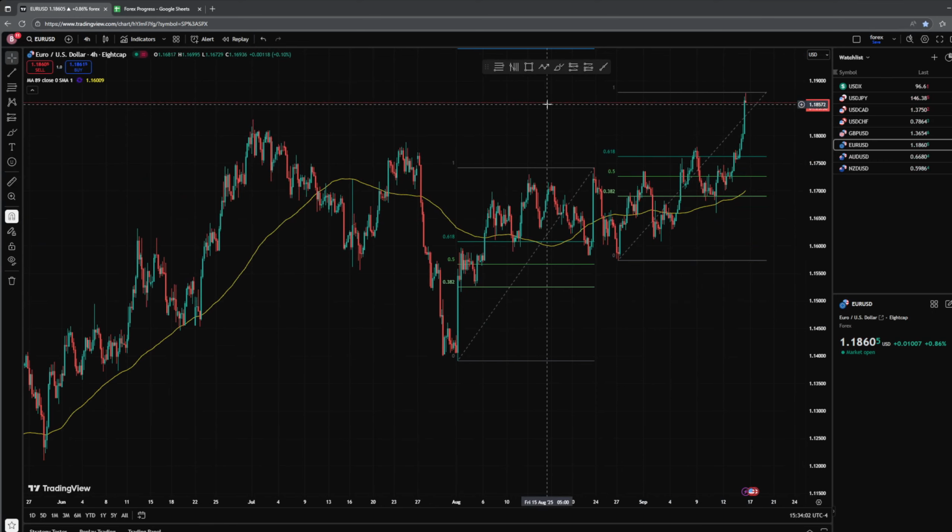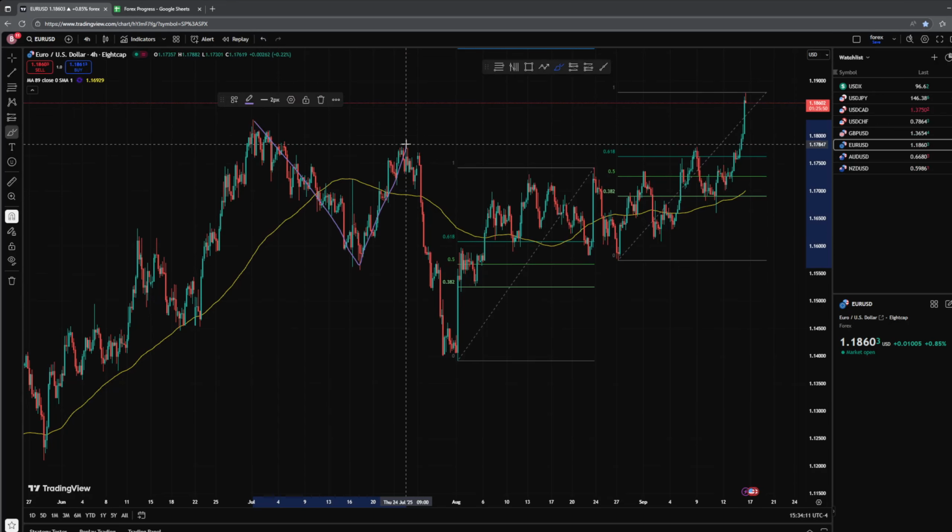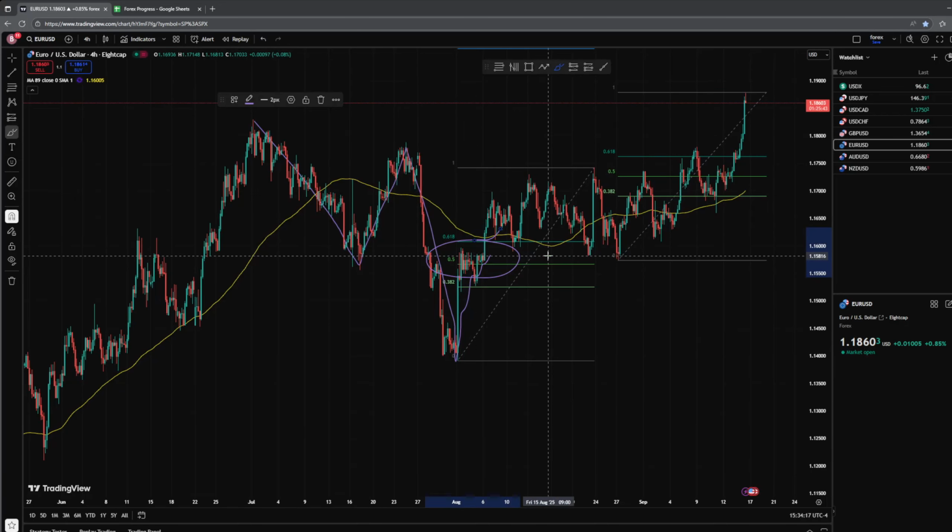Okay, Euro USD. So here originally we had the downtrend on Euro USD like this: down leg, retracement, down leg. Once the market retraced about the 50% zone here, we started selling Euro USD, right?